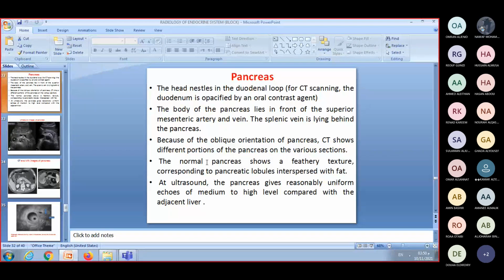Plain X-ray can demonstrate the enlargement of the sella turcica. We said that in the past, plain X-ray was used in assessment of the hypophyseal fossa. But we found, for example, a patient with an empty sella turcica.